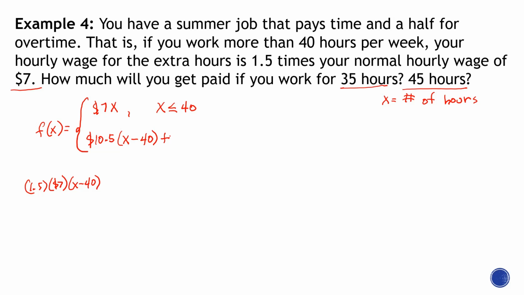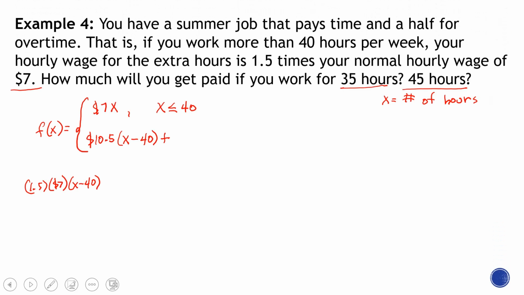To the total amount of money you get for working 40 hours, which is what? That is 7 times 40, which is $280. Plus $280. So the domain for that is obviously greater than 40.